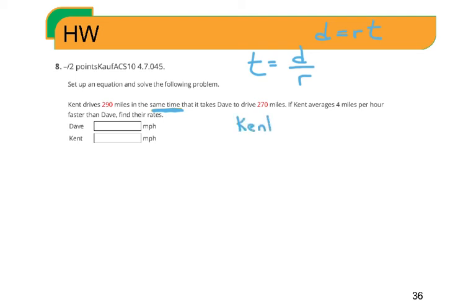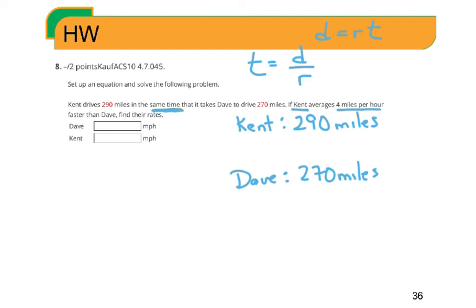Kent, his distance is 290 miles. Dave, his distance is 270 miles. Now, what else do we know? Kent is going faster than Dave.